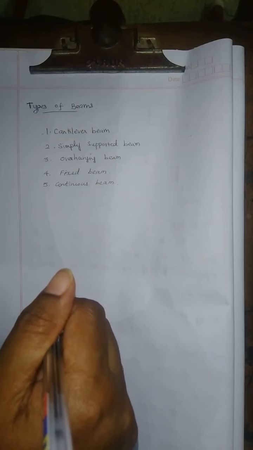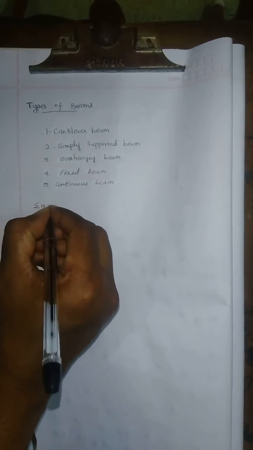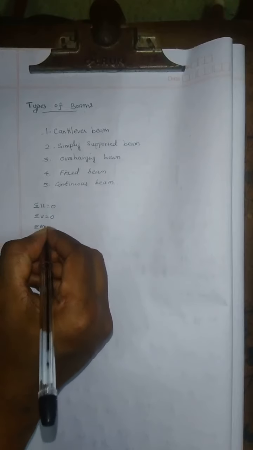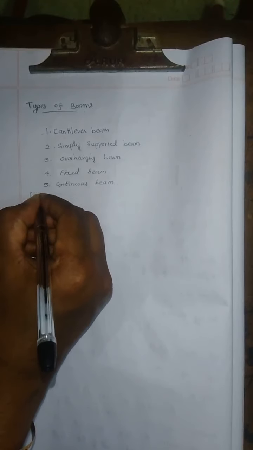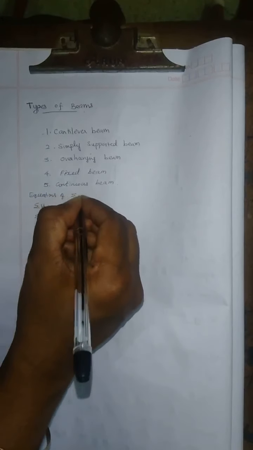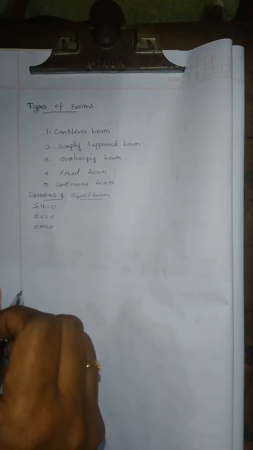Right. So what is meant by equations of equilibrium? Already you might have studied in engineering mechanics: summation of H is equal to 0, summation of V is equal to 0, summation of moments is equal to 0. This is what we call the equations of equilibrium. That is, sum of horizontal forces is equal to 0, sum of vertical forces is equal to 0 and sum of moments is equal to 0.